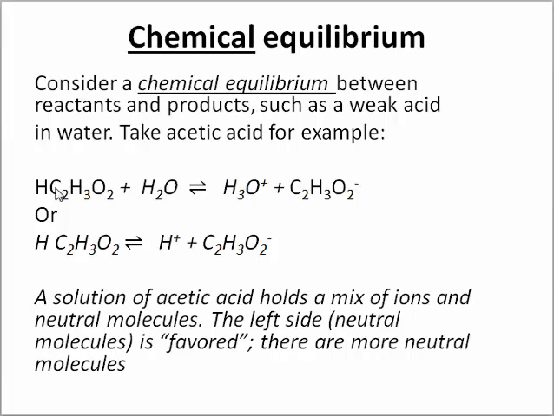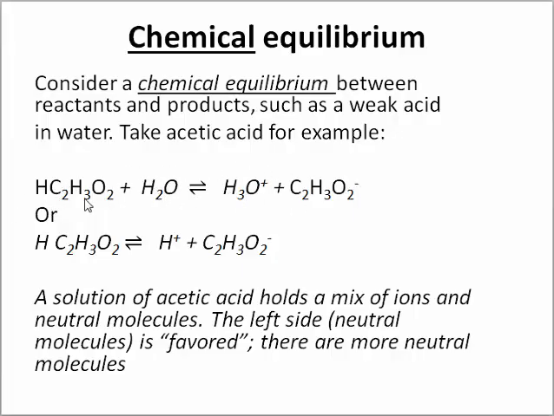So, when placed into water, it does not lose all of its protons to water molecules, but some, and an equilibrium is established in which you have both reactant and products present, and forward and reverse reactions going on at the same time. The result, if you may remember, is that only a small percentage of the acetic acid molecules have broken apart to form protons and acetate ions, or hydronium and acetate ions.